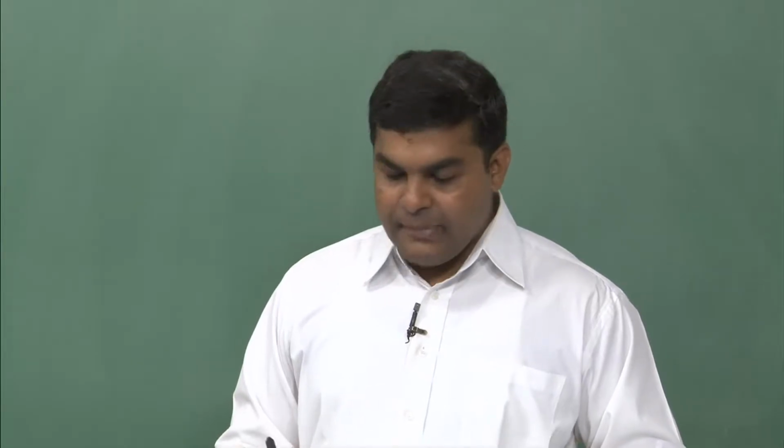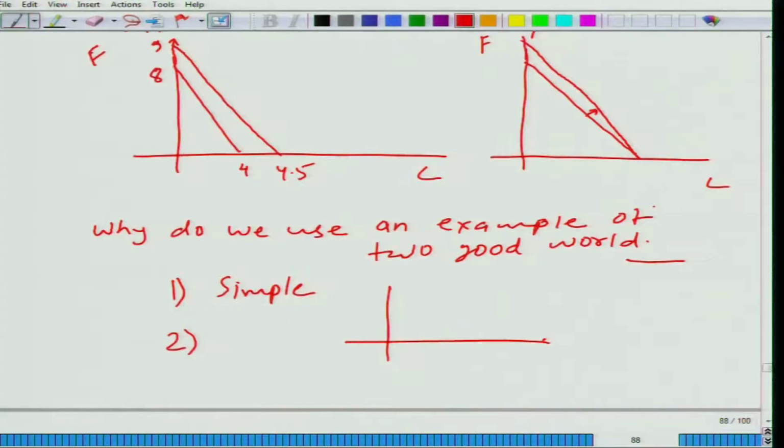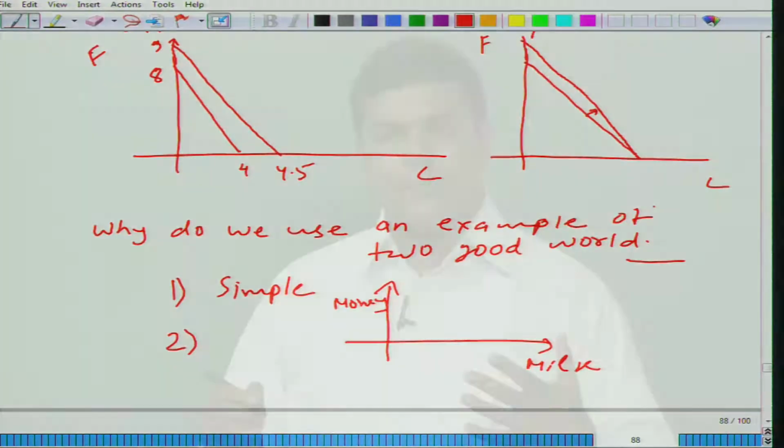If we are talking about our decision about buying milk, on the x axis we can put milk and on the y axis we can put a complex good, a made up good, or just leftover money. Okay, that takes care of the problem.